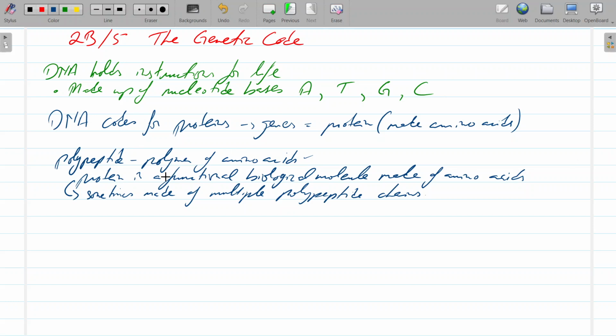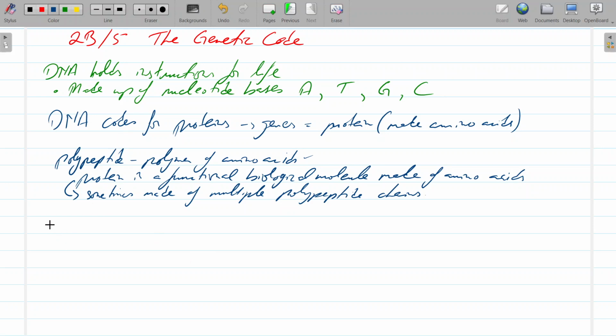So a protein could be a single polypeptide chain, like the insulin protein, that hormone is a single polypeptide chain. It could be multiple polypeptide chains coming together to form a protein. So there is that difference between polypeptide and protein. In any case, proteins are made up of polypeptide chains, and those are made up of amino acids.